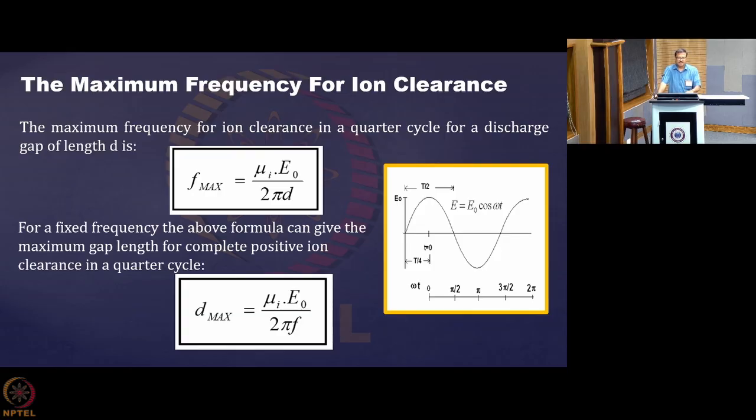So, ions will be collected by the negative electrode. Now we find that this is the maximum frequency, and if you freeze the frequency, then the maximum distance between the electrodes is given by this value.